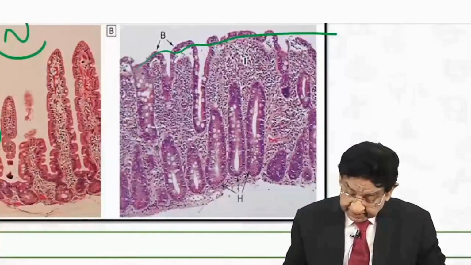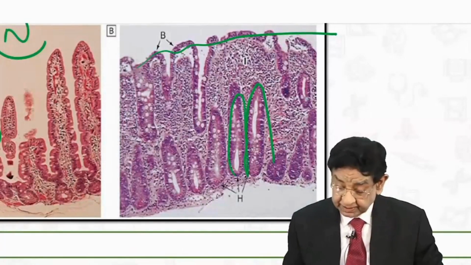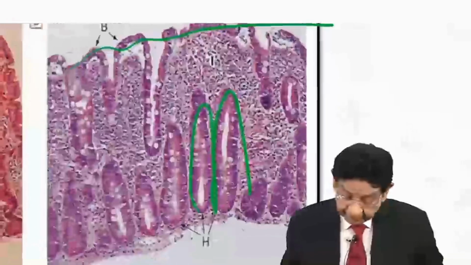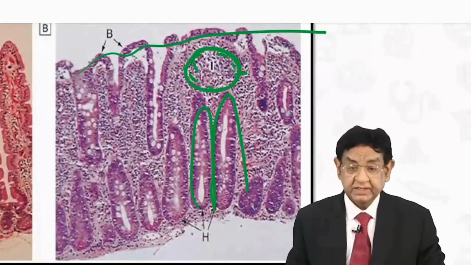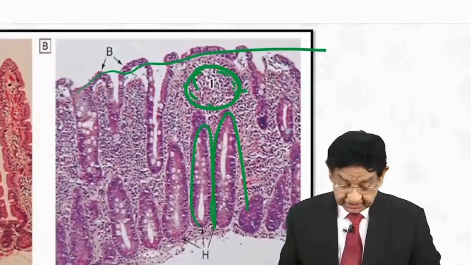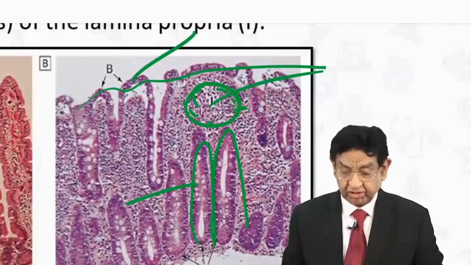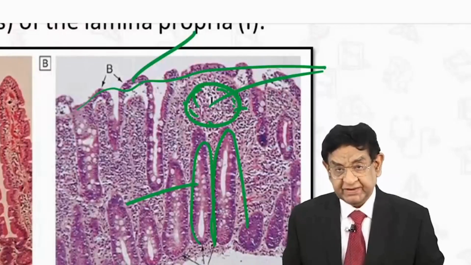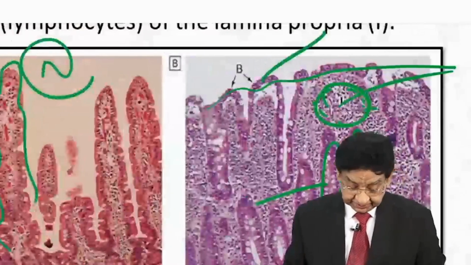These crypts are hyperplastic. And there are a lot of inflammatory cells. You can see plenty of inflammatory cells, so-called lymphocytes. So atrophy of the villi, crypt hyperplasia and a lot of lymphocytes is the lovely pathology that we see in a case of celiac disease.